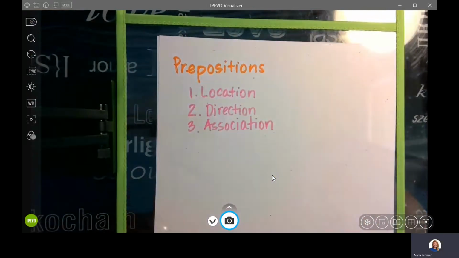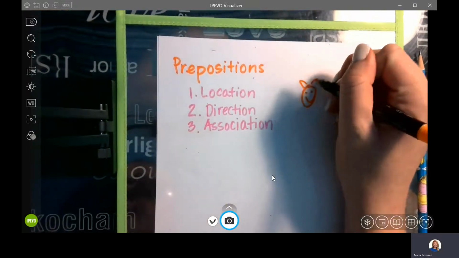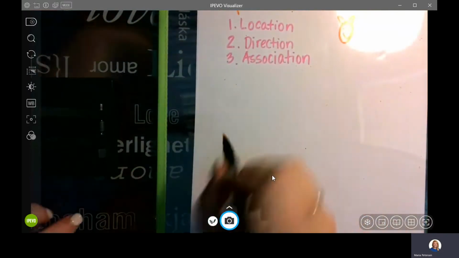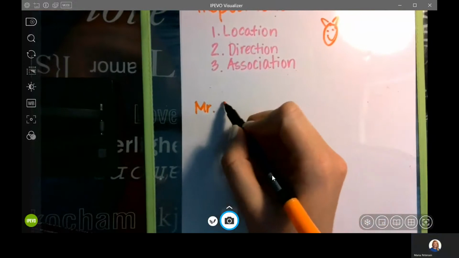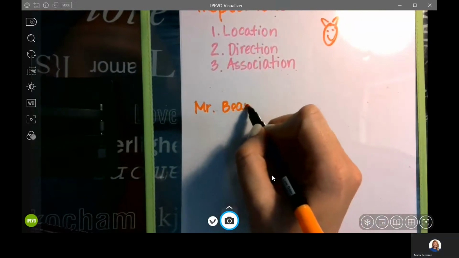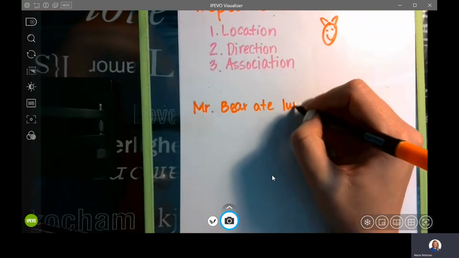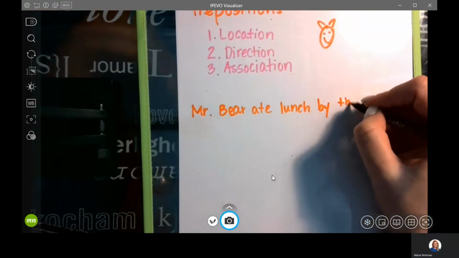And we did this lesson with Mr. Bear. He looked like this. We know that with a preposition, I used this example, Mr. Bear ate lunch by the lake.